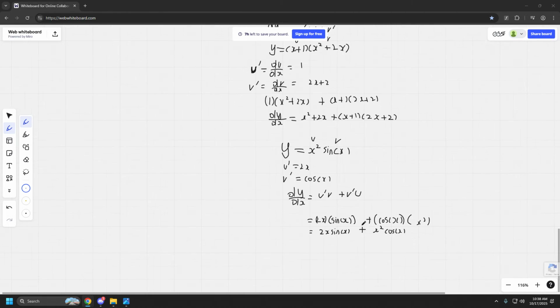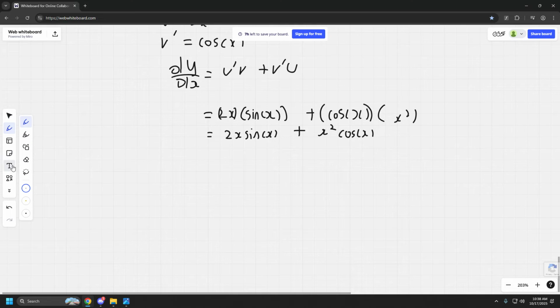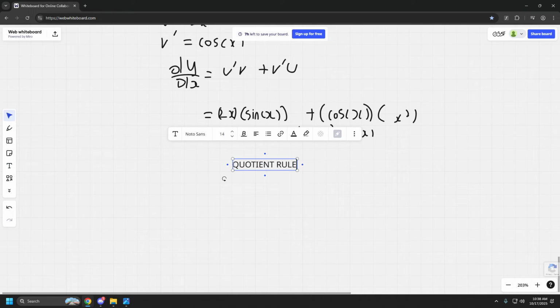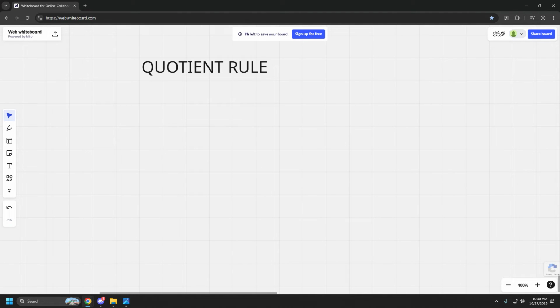Alright, so the next thing we'll be covering is the quotient rule. We use the quotient rule when we are dividing one function by another, right?